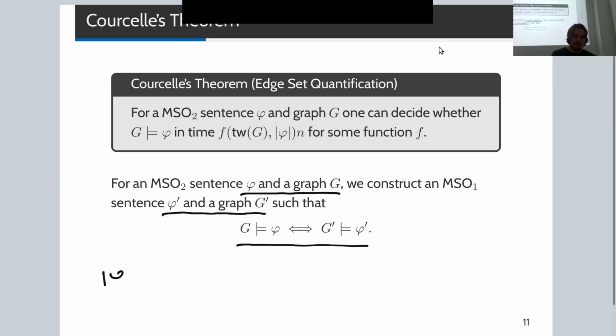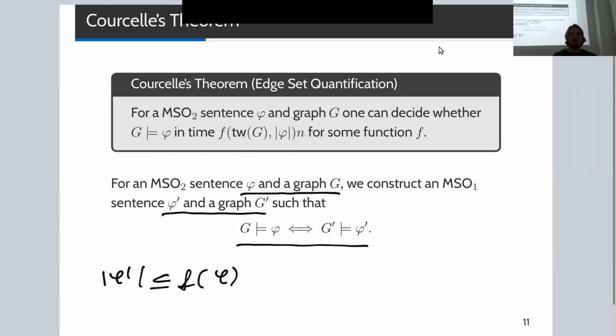Exactly. So we need that phi prime should be some function of phi. And why is that? Because here, if the size of phi prime can grow with n, then this function here, it will also depend on n, and we will have some horrible large running time.